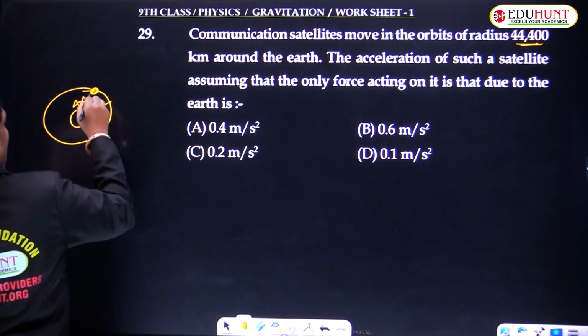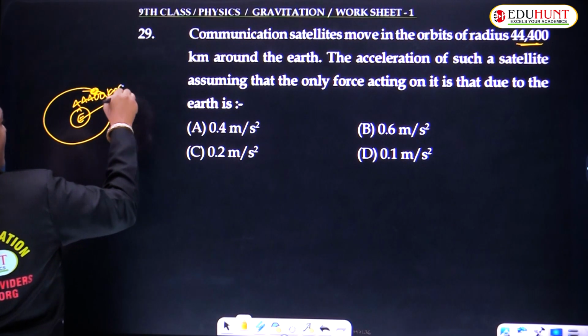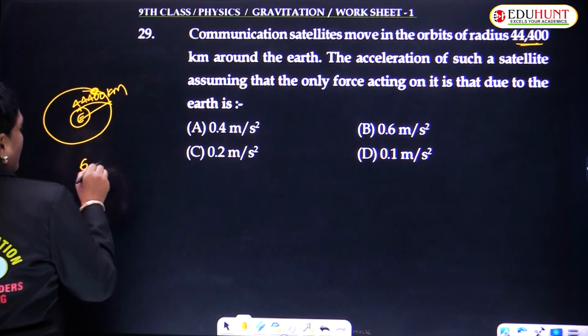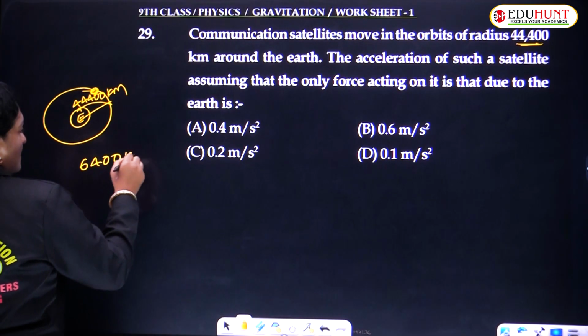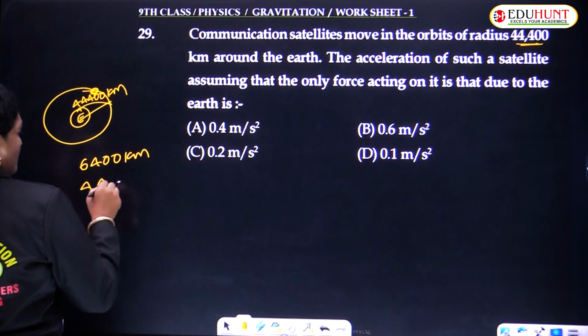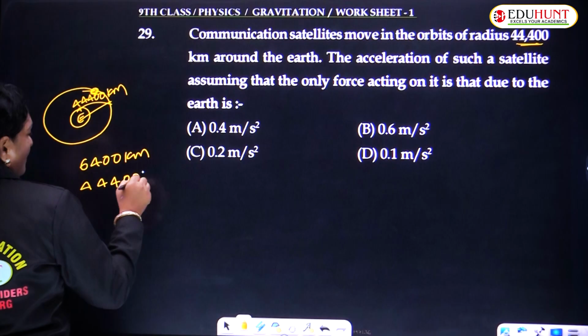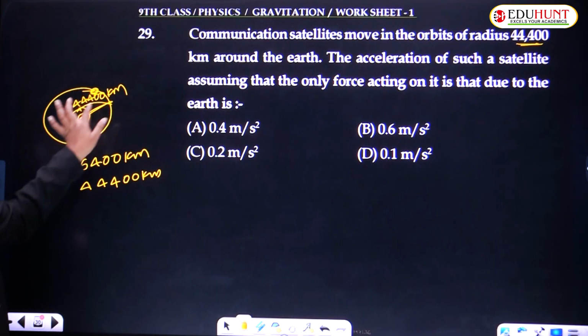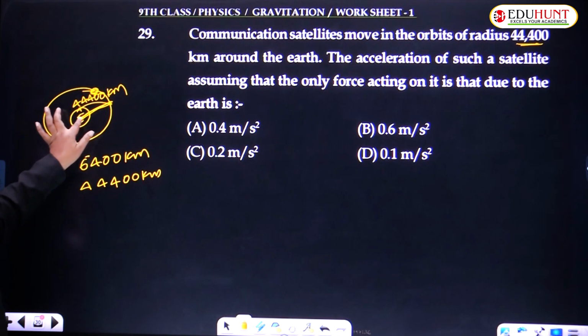44,400 kilometers. How much is that? 44,400 kilometers, because it's a lengthy value. Radius of the Earth is 6,400 kilometers, and this 44,400 kilometers is very large. So, we have to consider this orbit value from the center of the Earth.